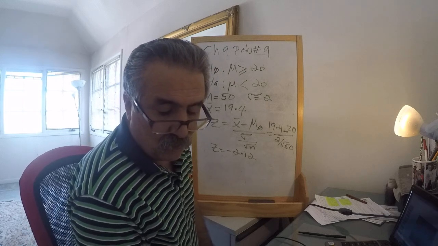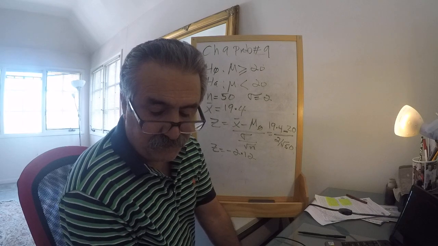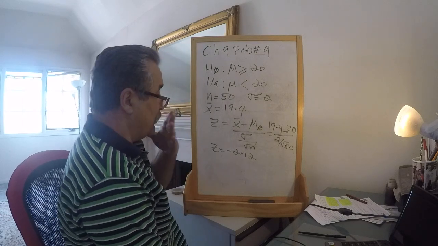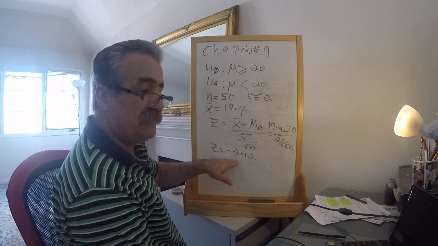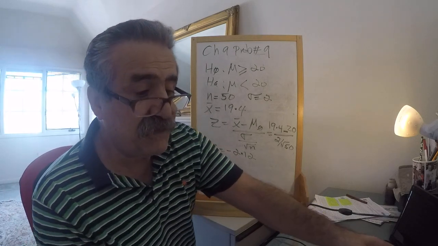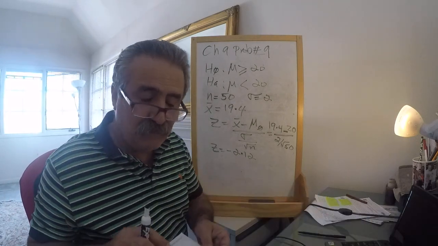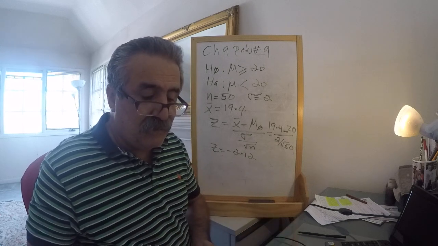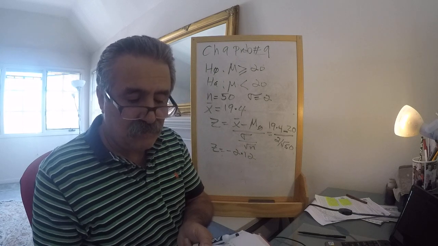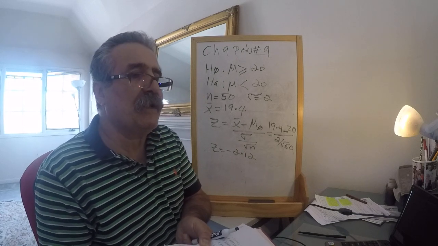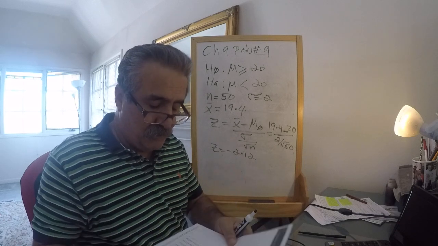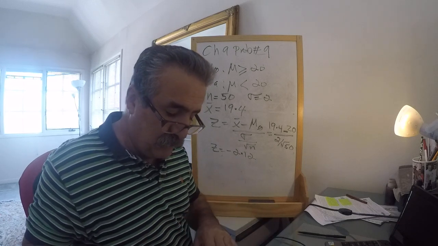Part B, what is the p-value? Now that this is a negative value, we go to the z-table for negative values. If you guys remember, for lower tail, negative value, we just go there and read the area off of the table.